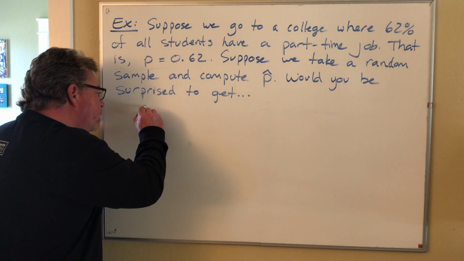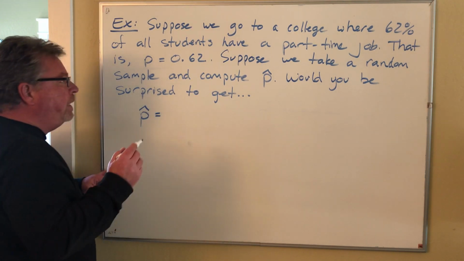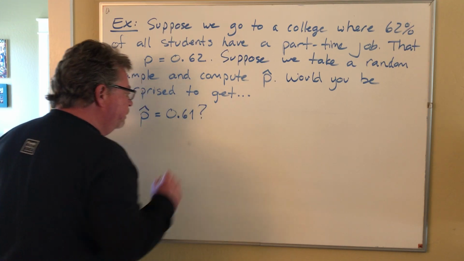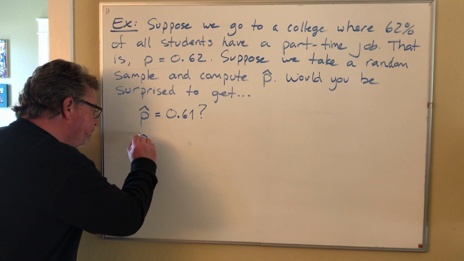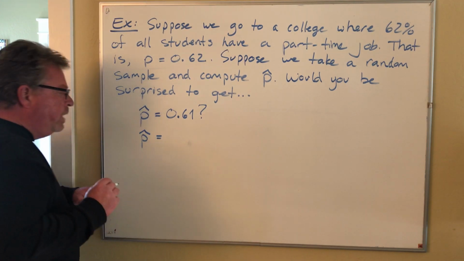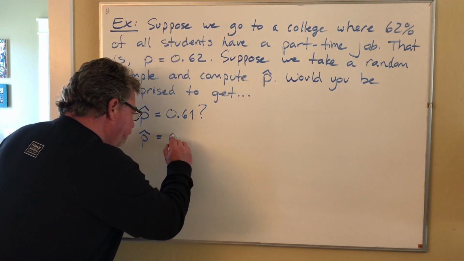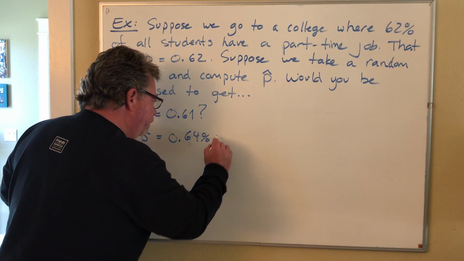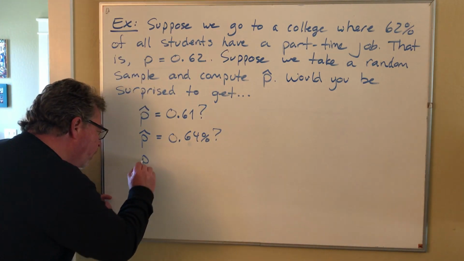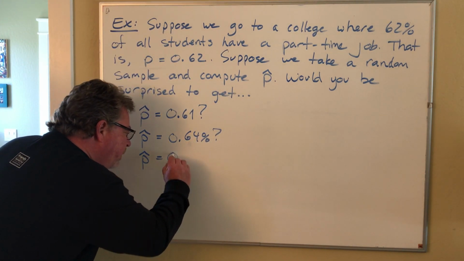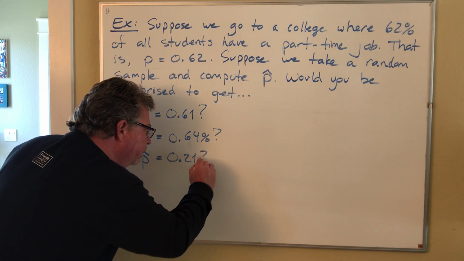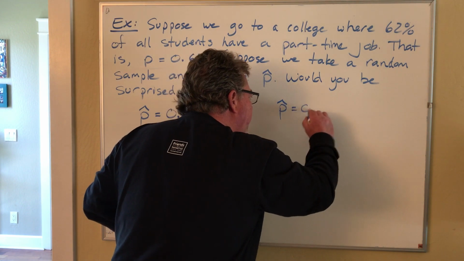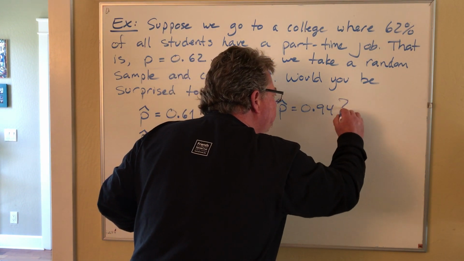Would you be surprised to do this random sample, calculate p-hat, and get a 0.61? Would you be surprised to get a 0.64? Would you be surprised to get a p-hat of 0.21? How about a p-hat of 0.94?